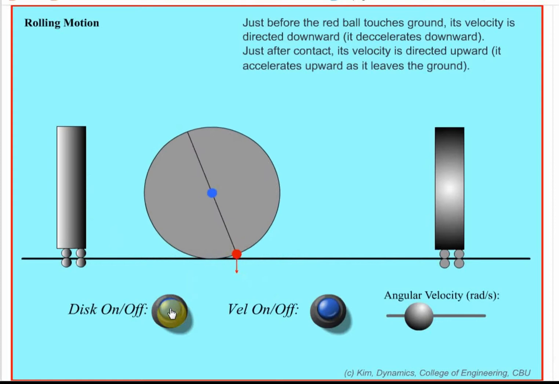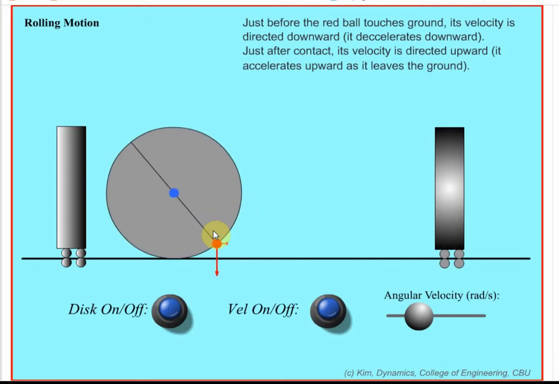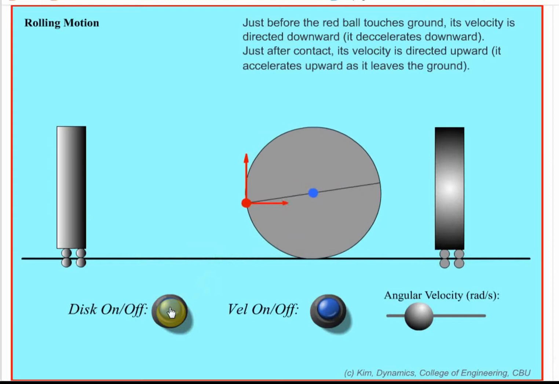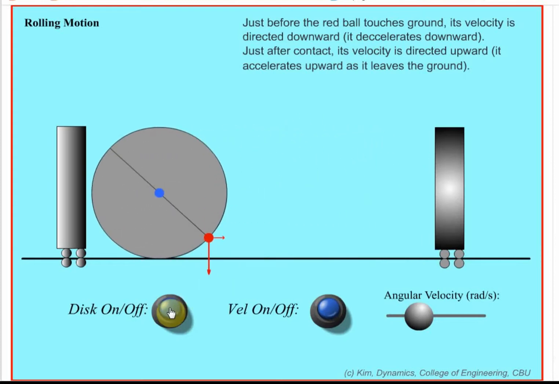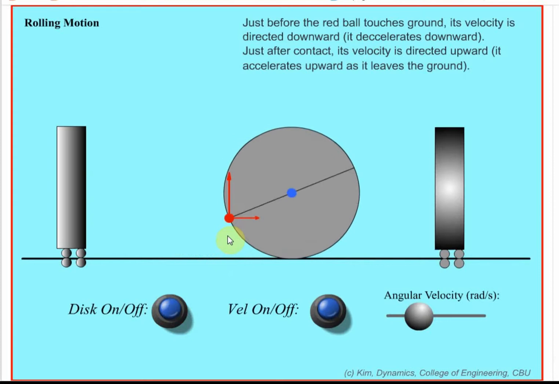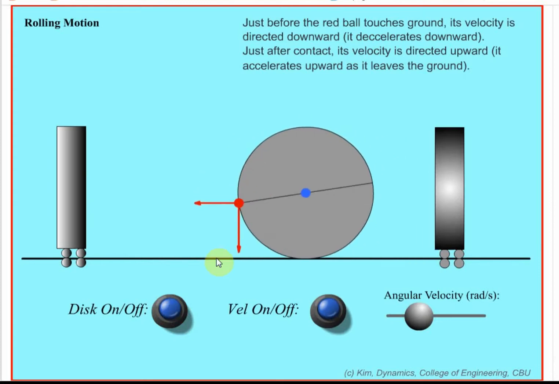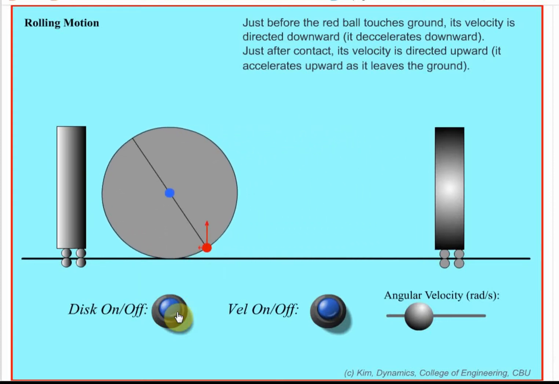If I hide the disk, you see the change of the velocity. The XY components of velocity go up and down. So when the bottom point touches the ground, there must be acceleration of point A, even though the velocity is 0 when it has contact with the ground.